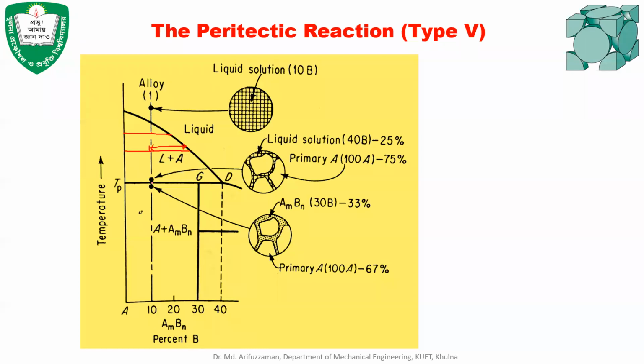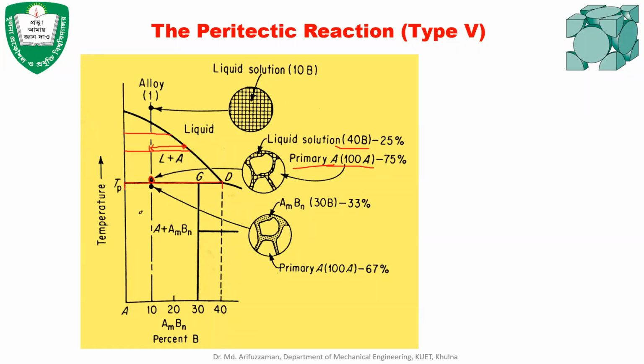Just before the peritectic temperature line, at this point there will be solid of 100% A, which is called primary A, and the liquid solution will have 40% B. The whole length of the line is the tie line.